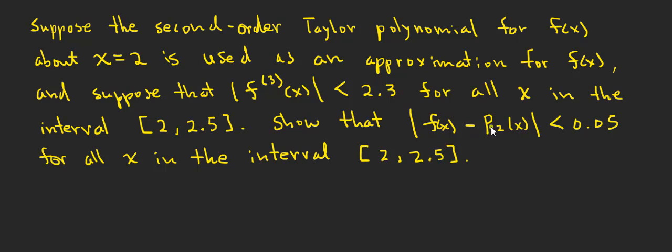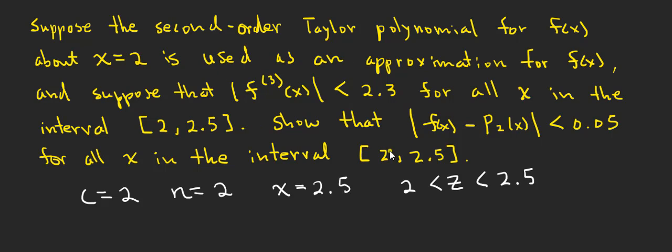Show that the absolute value of f of x minus p sub 2 of x is less than 0.05 for all x in the interval from 2 to 2.5. So basically this here represents the maximum error caused by the approximation.